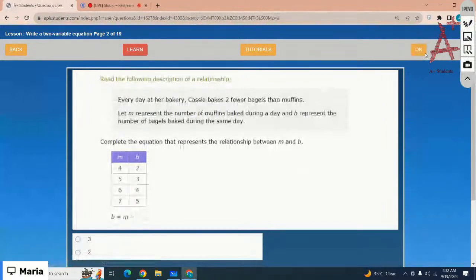Every day at her bakery, Cassie bakes two fewer bagels than muffins. Let M represent the number of muffins baked during a day, and B represent the number of bagels baked during the same day. So, which is the correct option? Which number is missing?